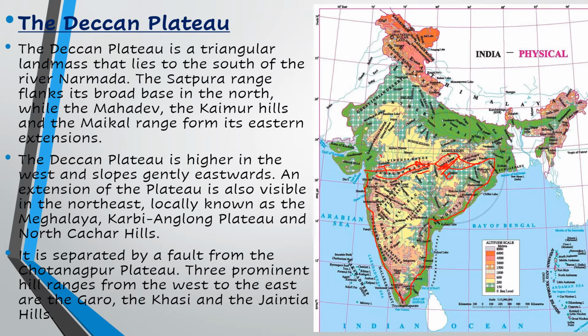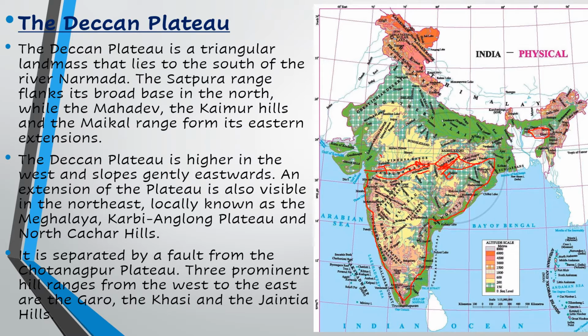The Deccan Plateau is higher in the west and slopes gently towards the east. An extension of the plateau is also visible in the northeast. There is this area where you can see the extension of this area. This is the northeast, this is Meghalaya.